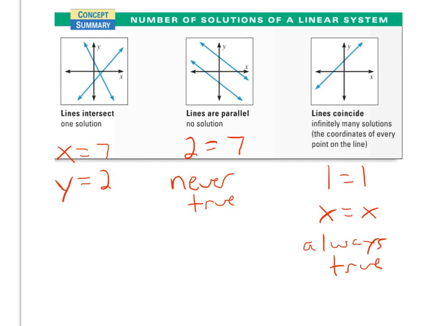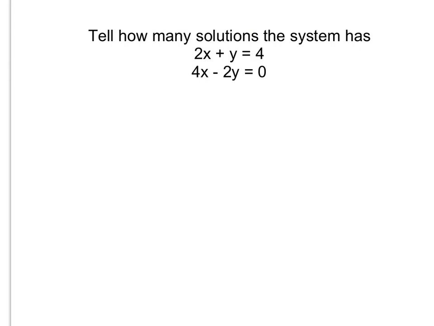So let's look at a couple examples. Tell how many solutions the system has. We can use any method that we want for these. I'm going to solve this one by substitution, because I've got a single coefficient here, and it should be pretty easy to use substitution. So I'm going to start by saying that y is equal to 4 minus 2x.